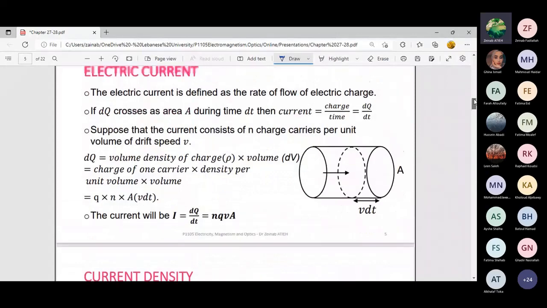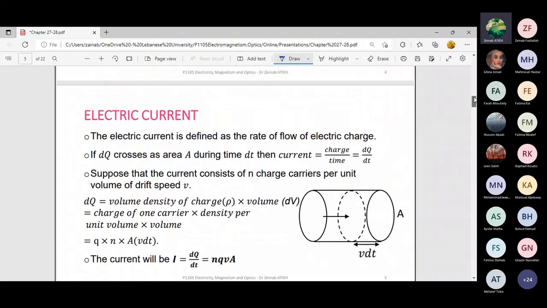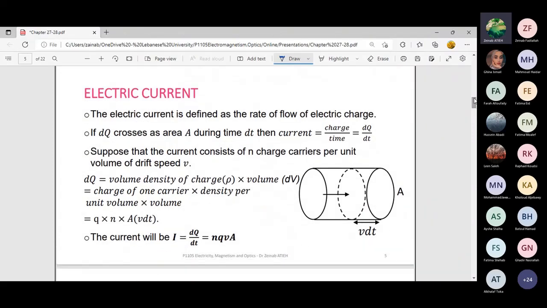Let's talk about the electric current. I will explain them rapidly, so we're not asking about these two slides anymore. So I will explain them in a fast way. Do you know what an electric current is? We have said that electric current is related to the flow of charges. So what is the current by definition?